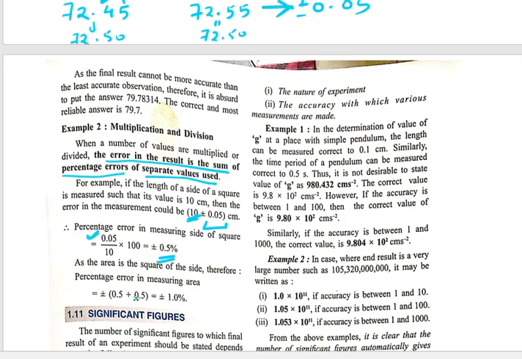The error in the result is the sum of the percentage errors of the separate values used. That means the percentage error in measuring area will be plus minus 0.5 plus 0.5. If we add it, we get plus minus 1 percent.